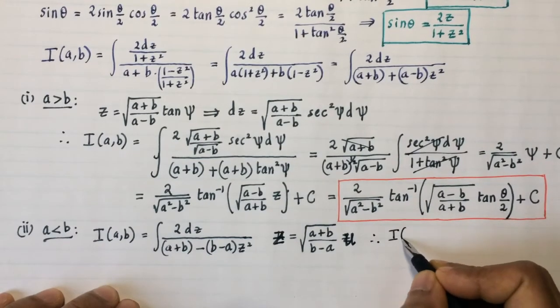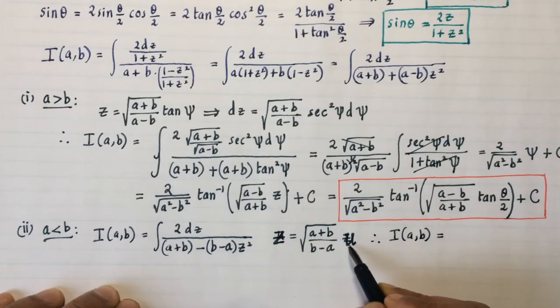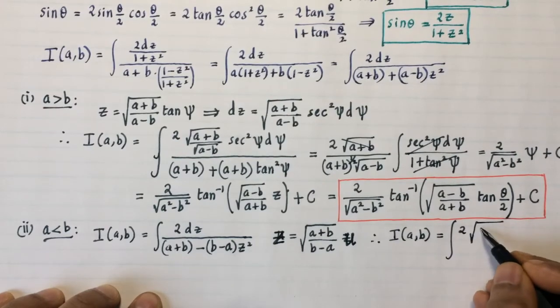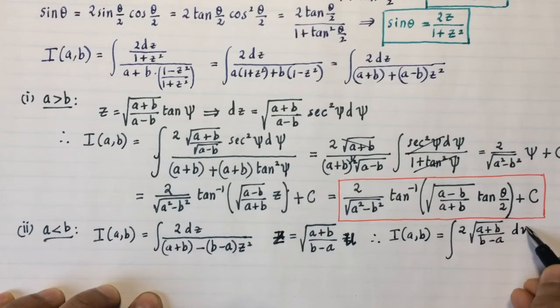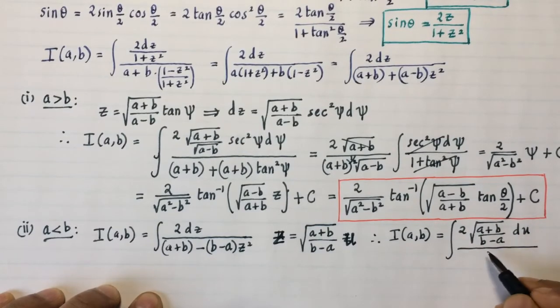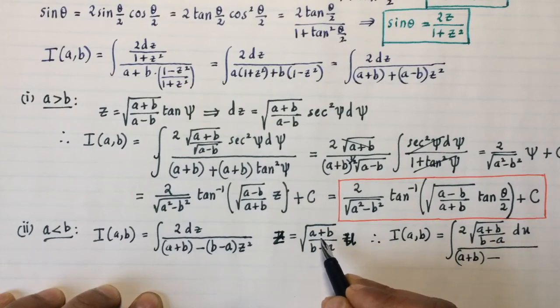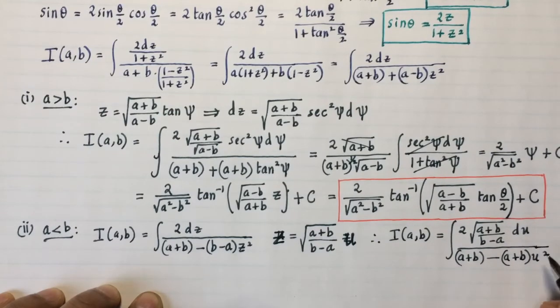Therefore, the integral I of a, b becomes, when I take the dz of this, that's just going to be du times all this. So 2 root a plus b over b minus a times du, and the denominator will become a plus b minus, and I take the square of this, I'll lose the b minus a and I'll get a plus b again, u squared.